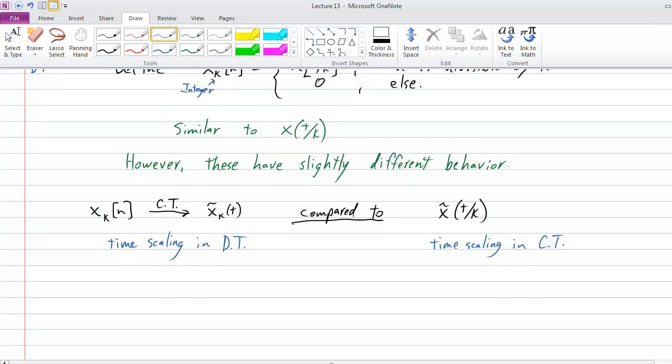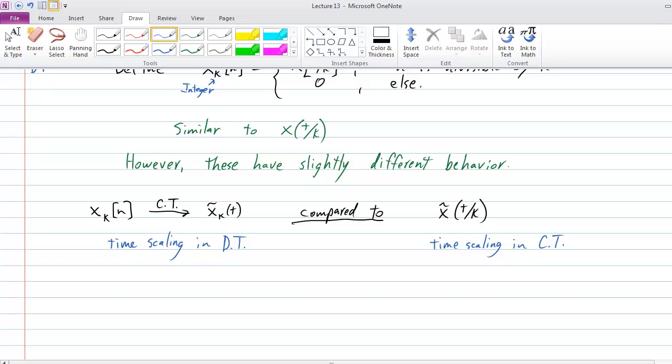Now if we use the simplification, this equals the sum for n equals negative infinity to infinity of x of n. So what I've done here is I've let n equal m k.